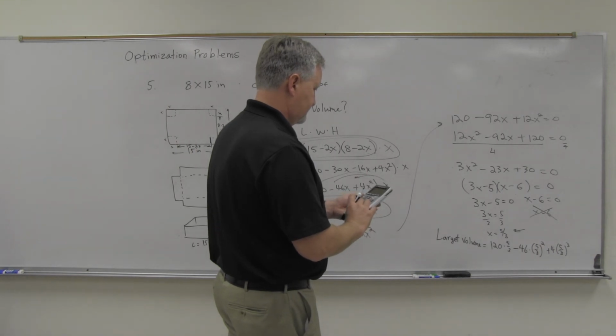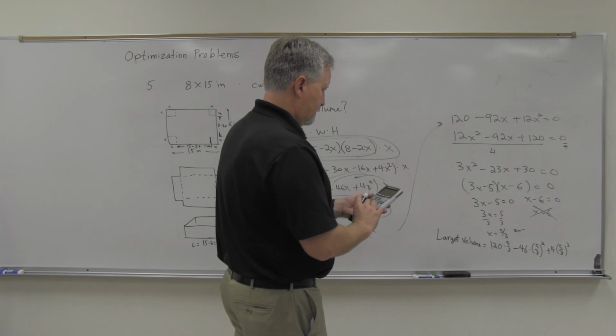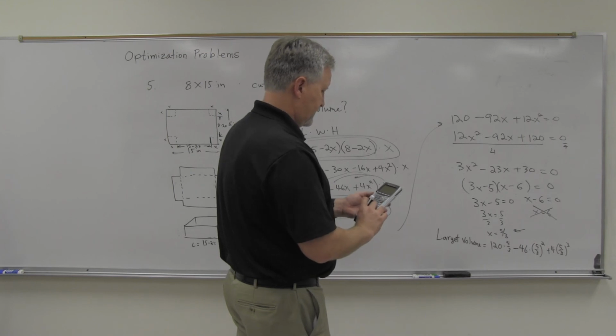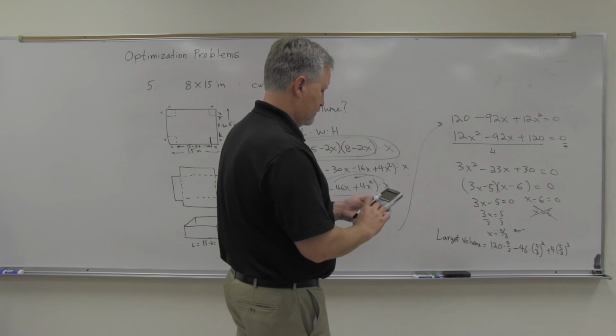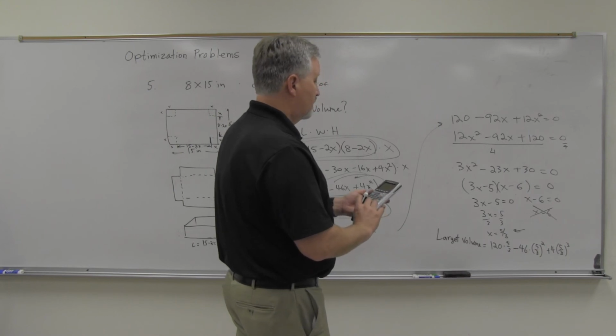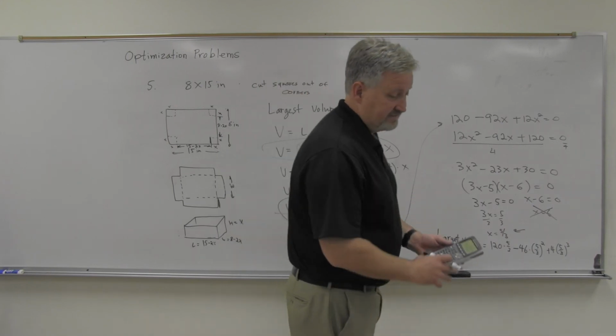120 times 5/3 minus 46 times 5/3 squared, 25/9. And then plus 4 times 5/3 cubed. 90.74.